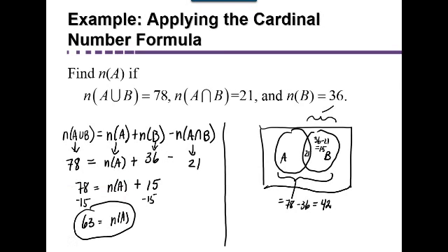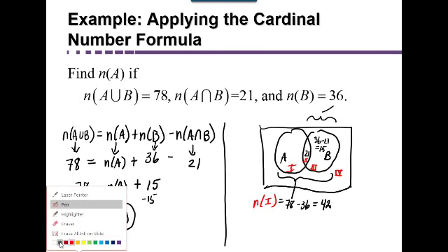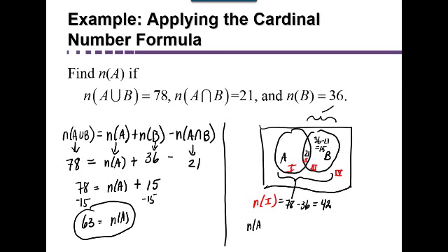All right. If that's region 1, and this is region 2, and this is region 3, and this is region 4, then what I just found is the number that are in region 1, just in A, not overlapping with B. So if I want to know how many are in the total set A, I need to add the number in region 1 plus the number in region 2.